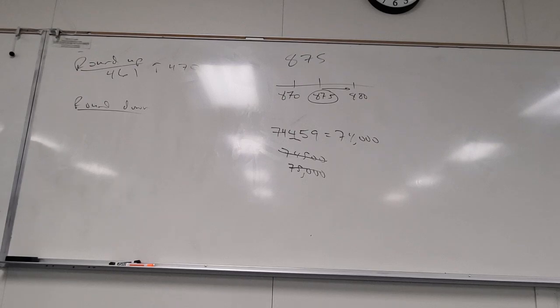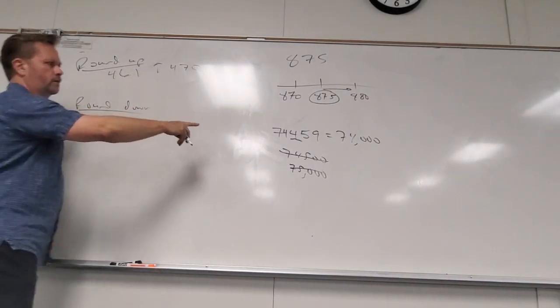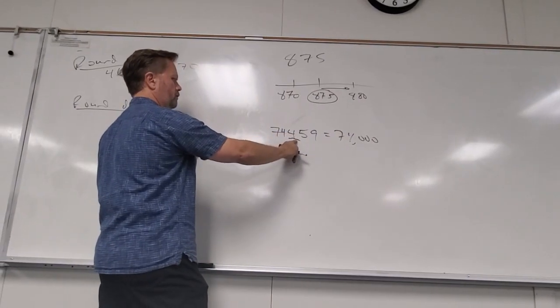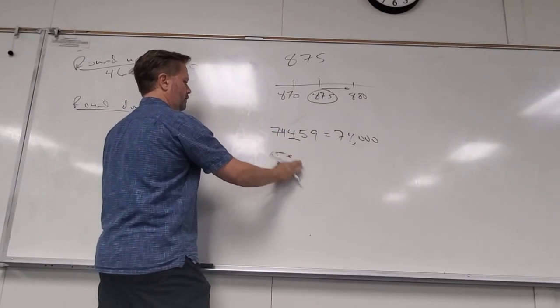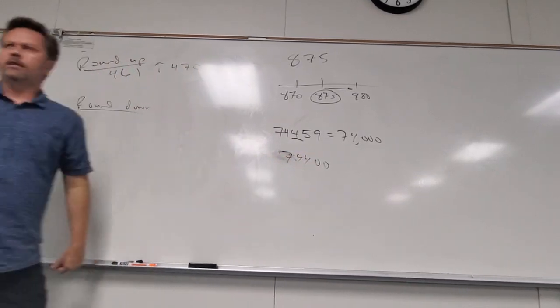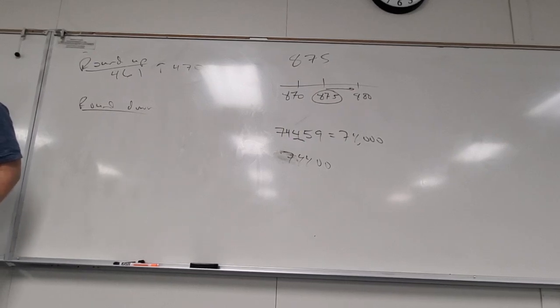What I see mostly when I'm teaching something that requires somebody to round is, if I said round to the hundreds place, I'll see somebody just cut this off. That's more like truncation, right? It's just chopping something off. It's not really rounding.